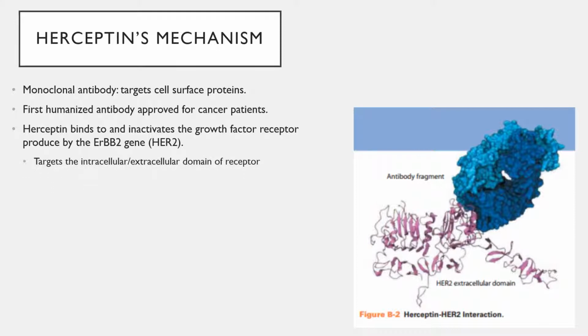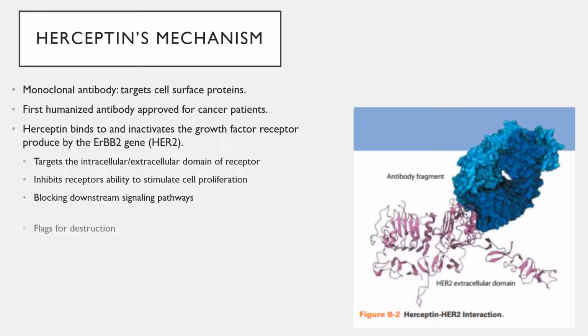And Herceptin either targets intracellular or extracellular domain of the receptor, and it inhibits its ability to stimulate cell proliferation by either blocking the downstream signaling pathways or flagging the cell for destruction by the immune system, which of course will stop or slow down tumor growth.